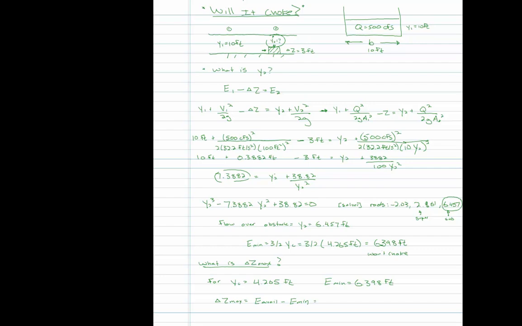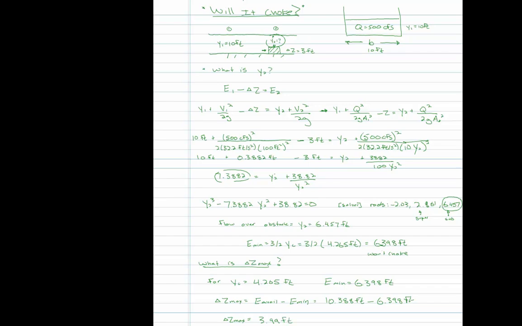The energy that was initially available from the previous example was 10.388 feet, and if we subtract the minimum of 6.398 feet, then the maximum obstacle height is 3.99 feet.